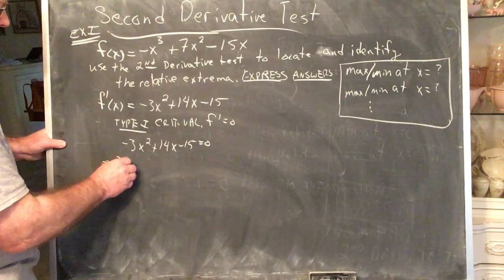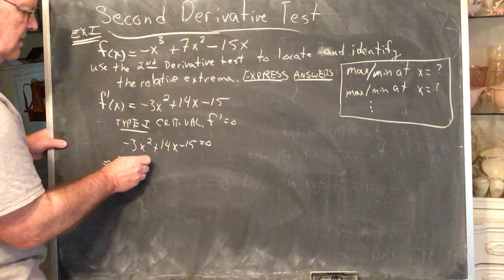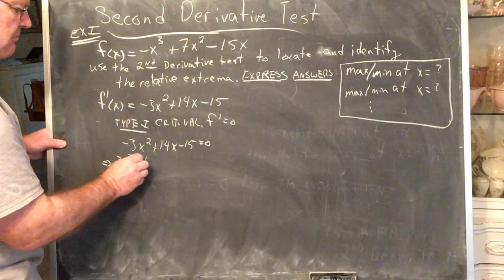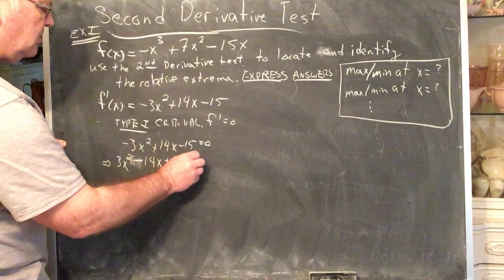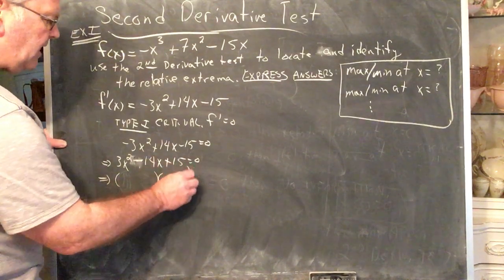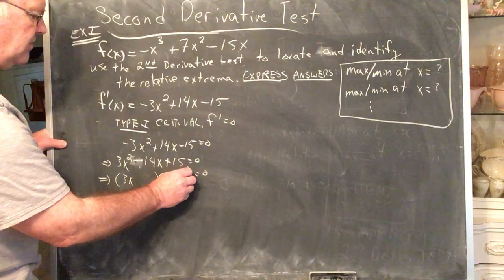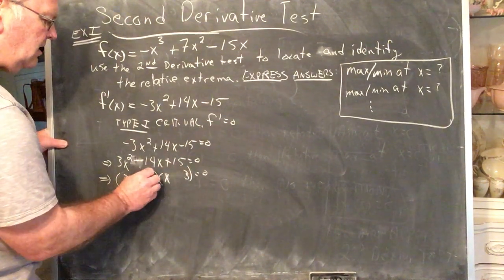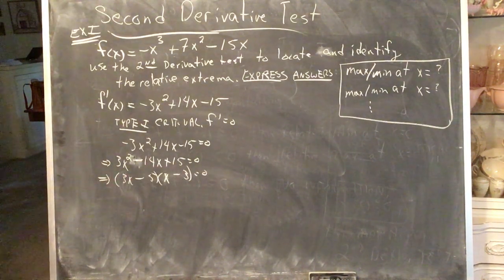So this implies 3x squared minus 14x plus 15 is equal to 0. That actually factors. That implies (3x, x), this is x rather, this is 3, this is 5, that's negative, that's negative. It's not too hard to conclude that's the correct factoring here.